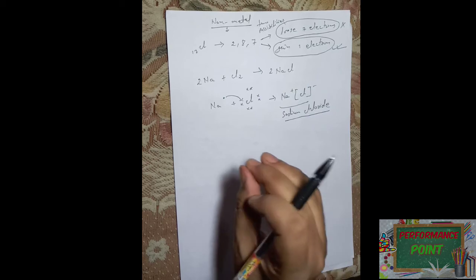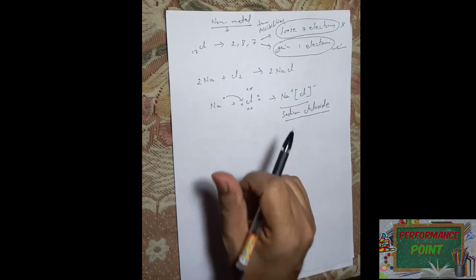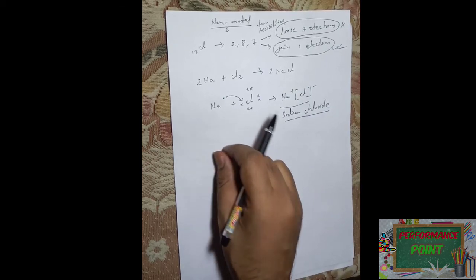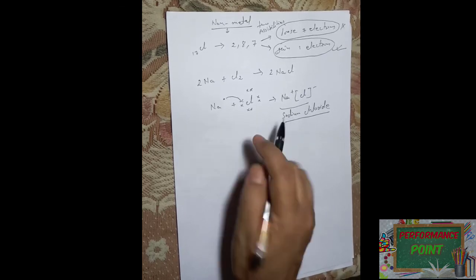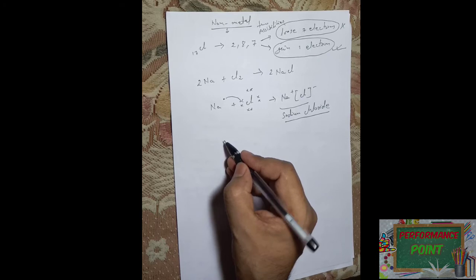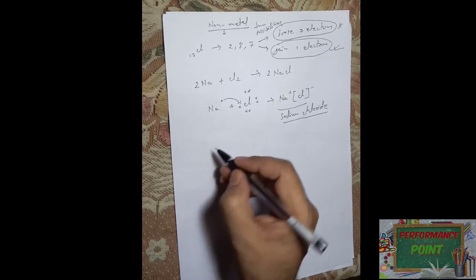So the basic concept we understood in this lecture is that chemical reactions happen to get stable. What is the conclusion for today?